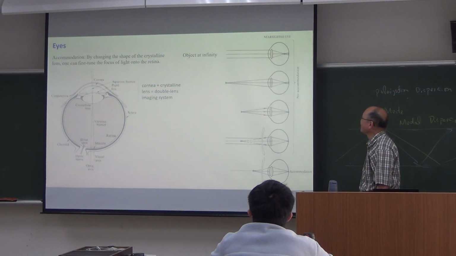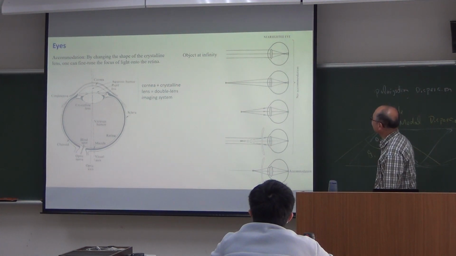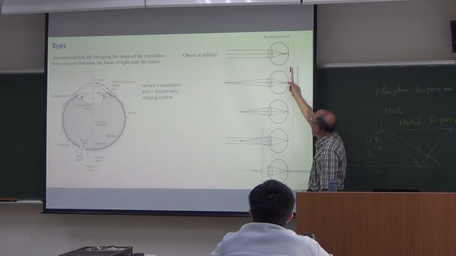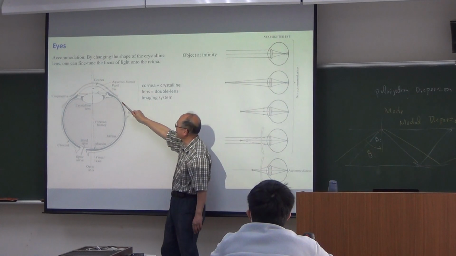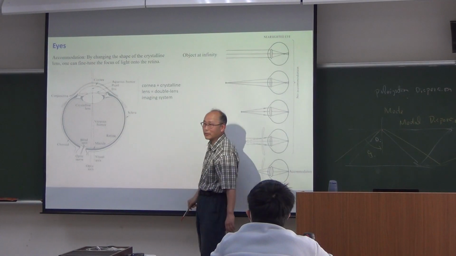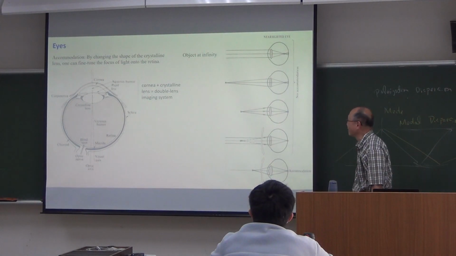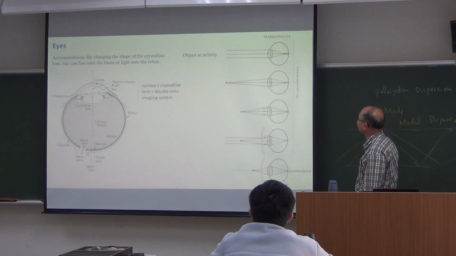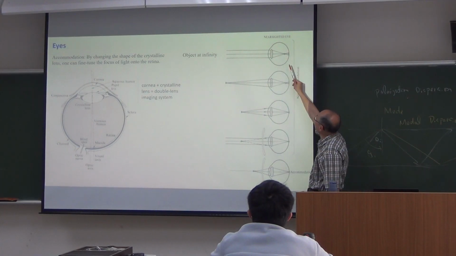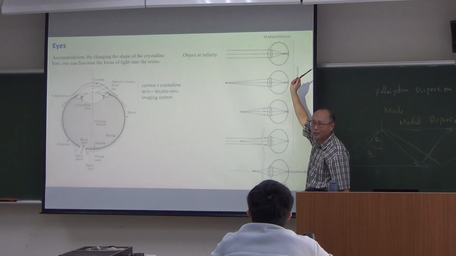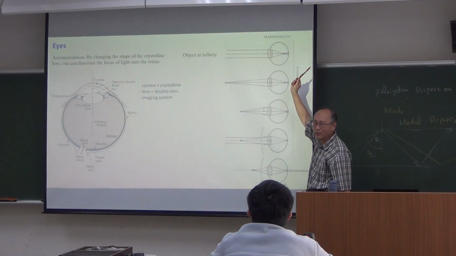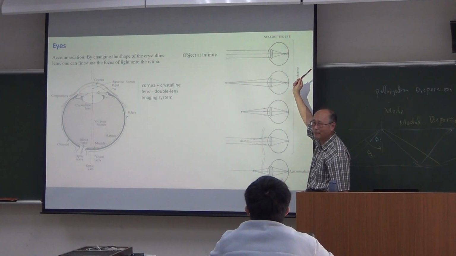Okay, but for the nearsighted eye without any accommodation, by the way, using the muscle to adjust this is called accommodation, the image plane is ahead of the retina, your optical sensors in your eye.